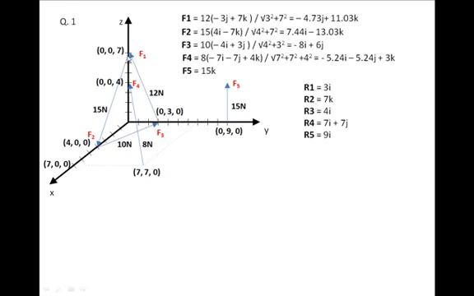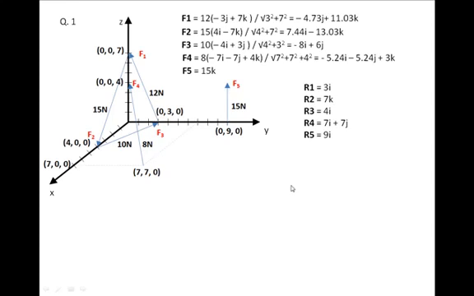F2 goes from here to here, so we take a vector starting from the origin and ending at 7, so 7k. Similarly R3 corresponding to F3, where the force magnitude is 10, is 4i. And R4, which goes from here to here, is 7i plus 7j, and R5 for this 15 is 9j.